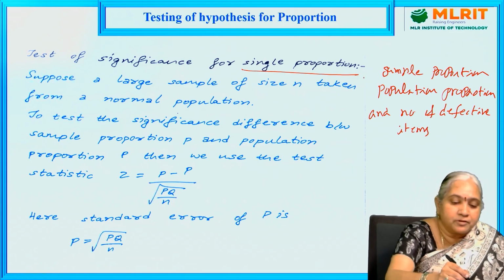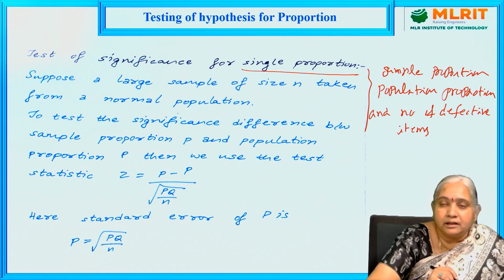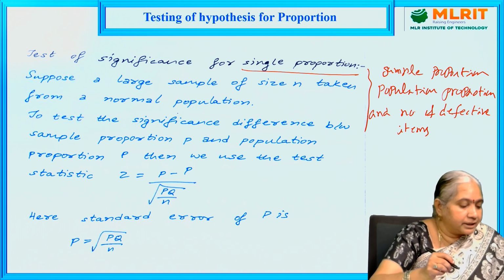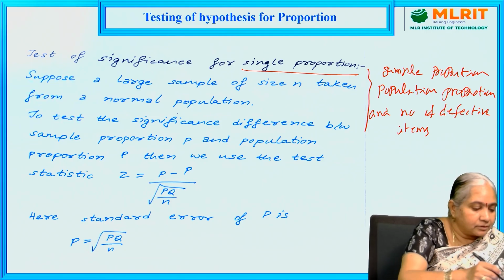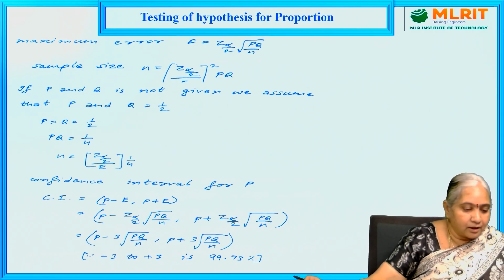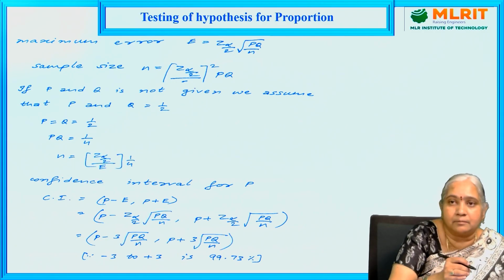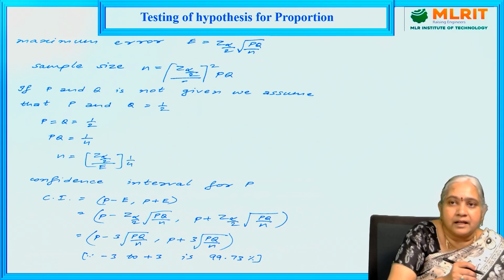This type of data will be given in the questions. Here in this test, we are going to test whether the claimed population proportion is to be accepted or rejected by considering the sample data.